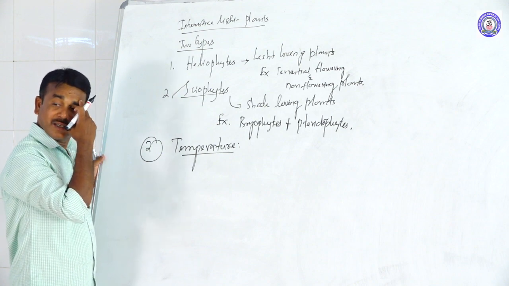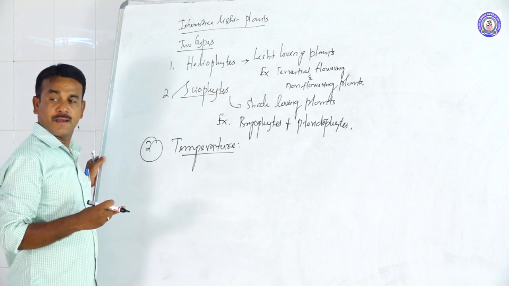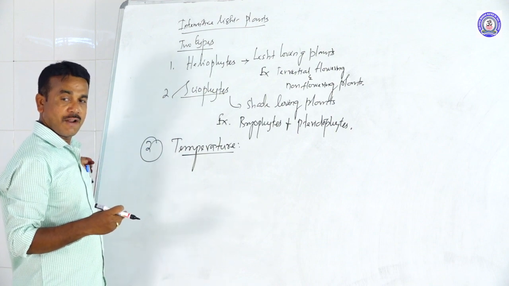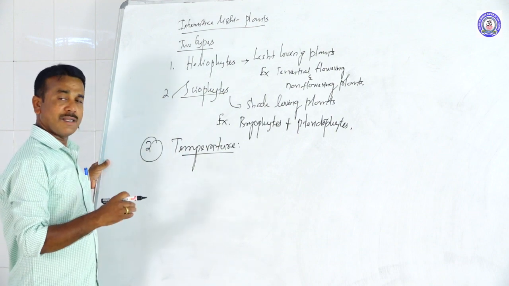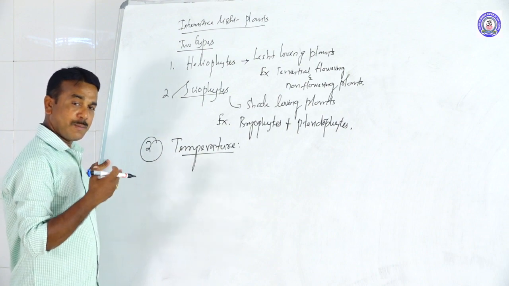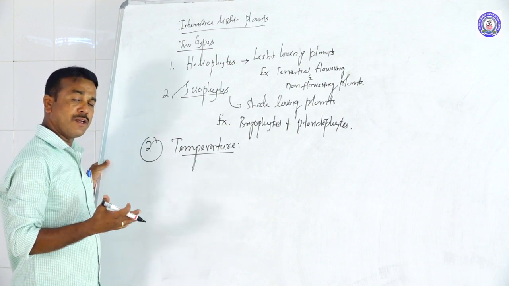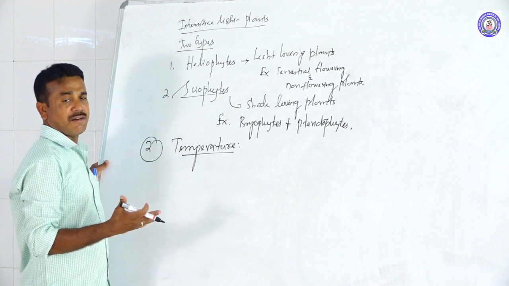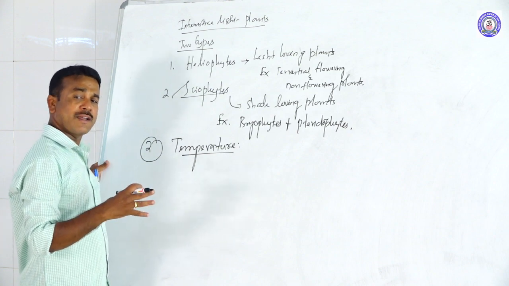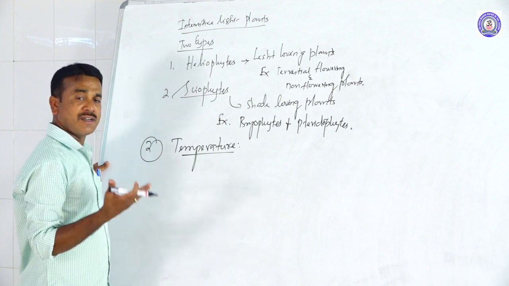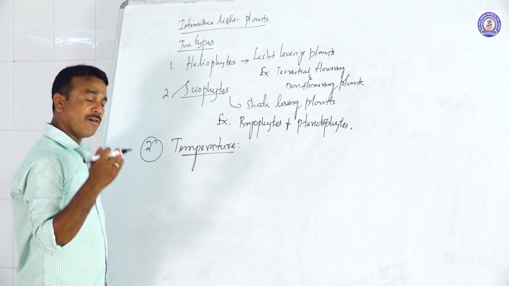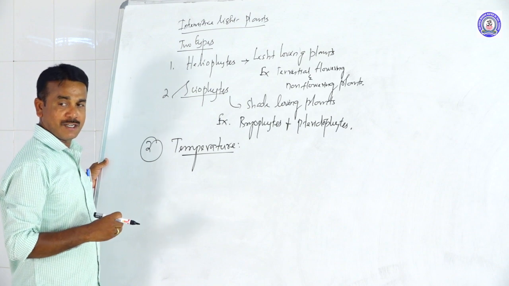What are the physiological processes? Photosynthesis, transpiration, flowering and germination of seeds. Vital processes are always accompanied with temperature.